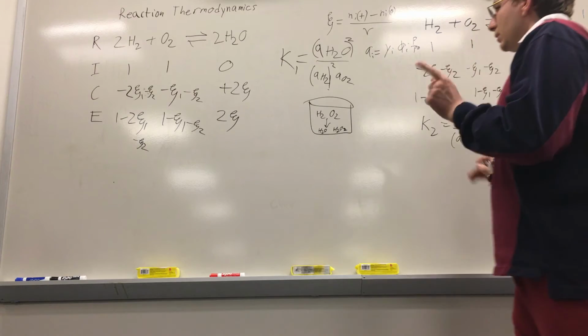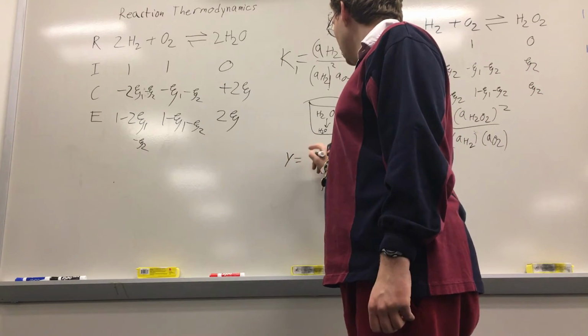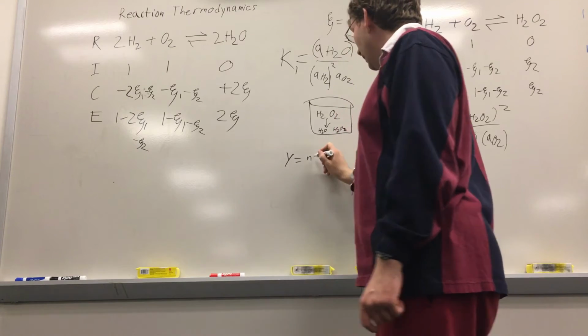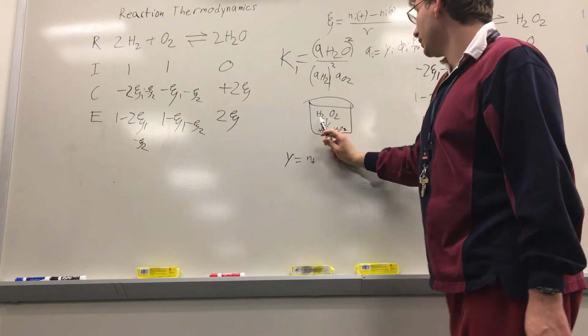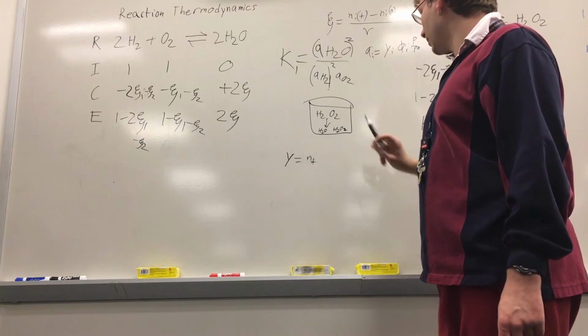And the one thing you need to be aware of here is when you're making a mole fraction, the total moles accounts for the moles of hydrogen at equilibrium, oxygen, water, and peroxide.